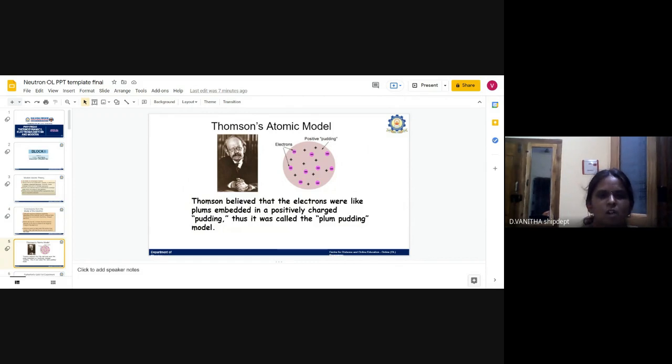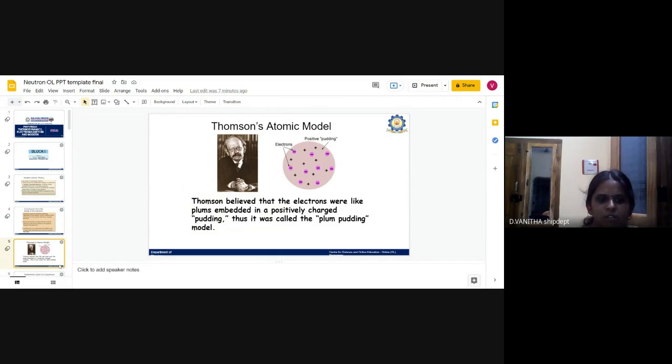Next is the Thomson atom model. In the Thomson atom model, he believed that electrons are like lumps embedded in a positively charged footing. So it is called the plum pudding model. In this, there is a positive footing, and inside it electrons are distributed.